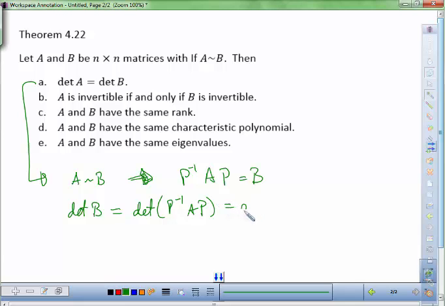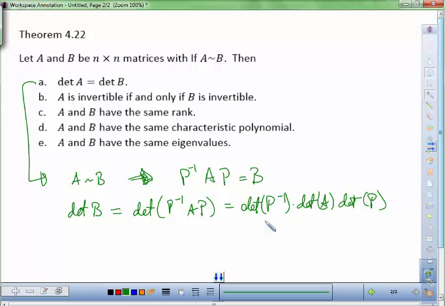So this is equal to the determinant of P inverse times the determinant of A times the determinant of P. And now there's another rule about determinants that says the determinant of the inverse of a matrix is 1 over the determinant of that matrix.